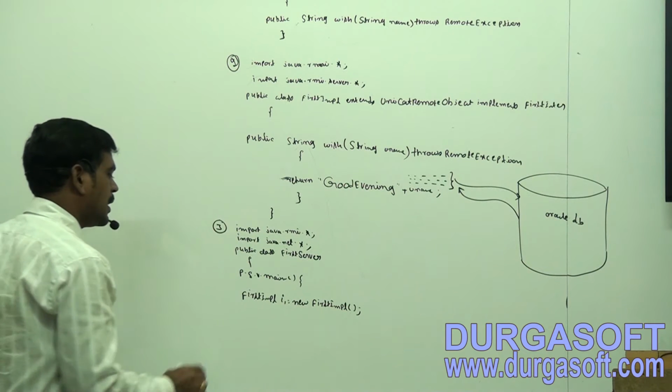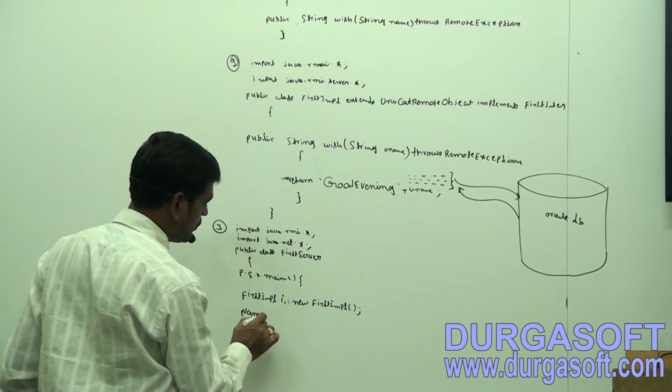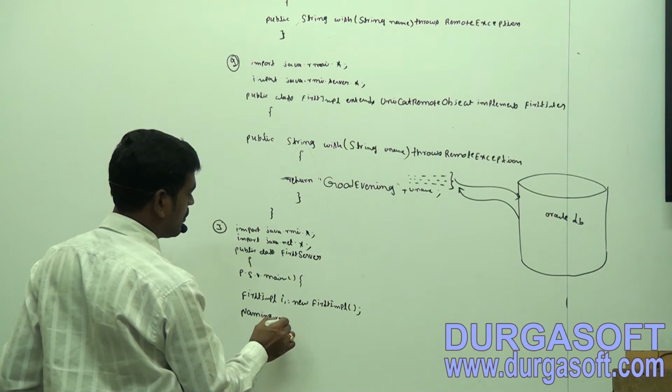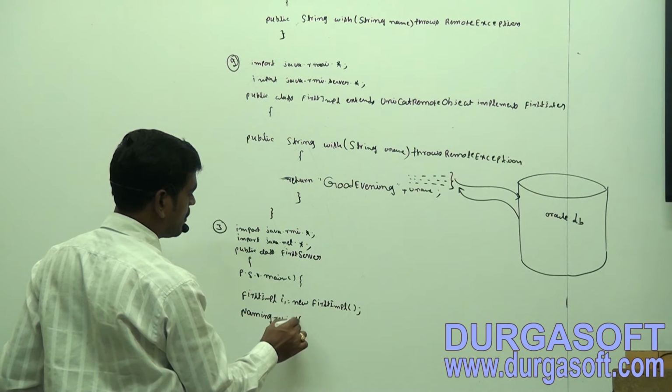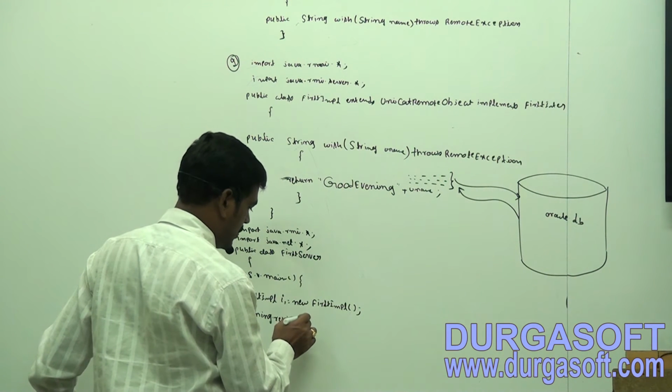After that, Naming.rebind. Naming is the predefined class available in the java.rmi package. Rebind, under that we can pass the URL.